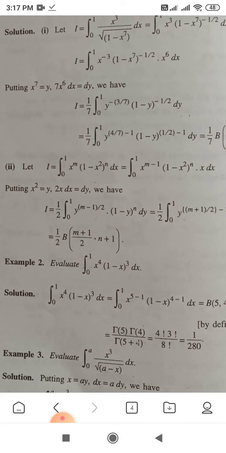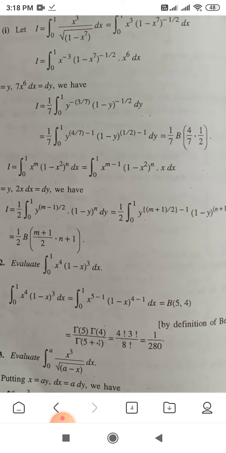X to the power 4 can be written as x to the power 5 minus 1, and 1 minus x whole cube. It is also expressed in another manner, 1 minus x to the power 4 minus 1. So by comparing with beta mn equal to 0 to 1 x to the power m minus 1, 1 minus x to the power n minus 1.